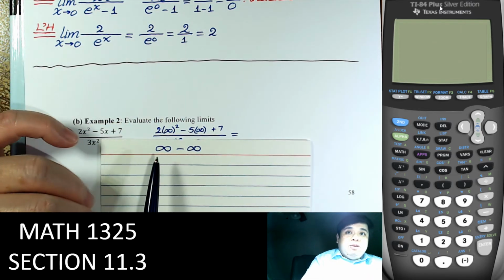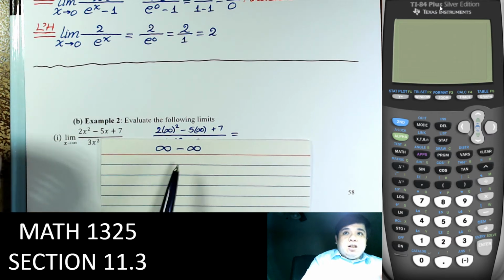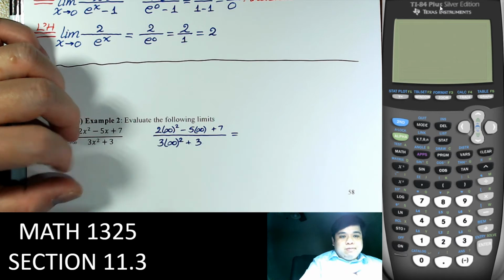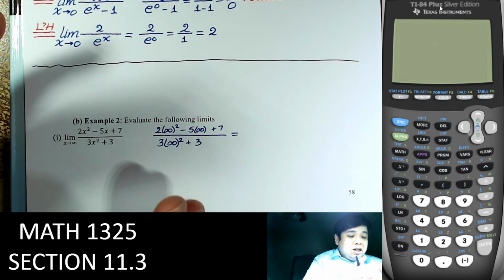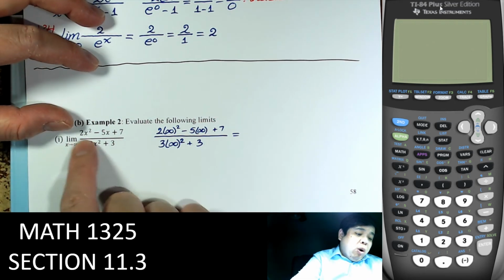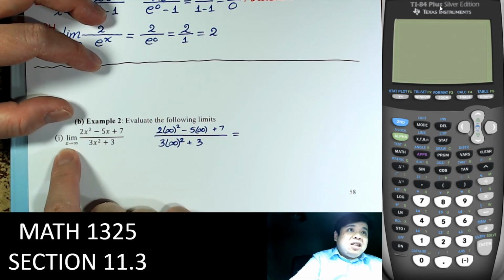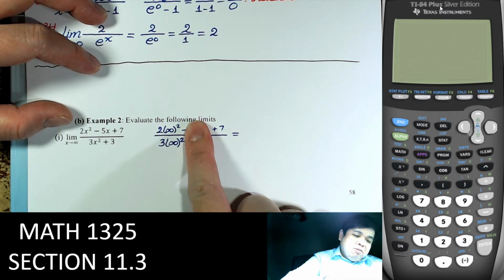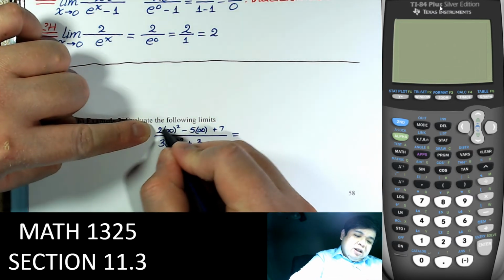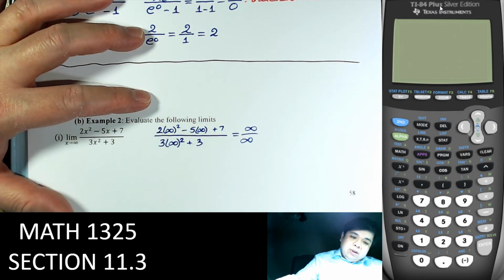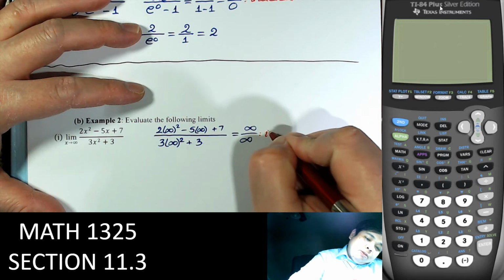In fact, infinity minus infinity is a form of indeterminate as well. But in this case it's not, because we did mention way back in the first few sections that when we have a polynomial like this, as x goes to infinity, only the highest term matters. So it doesn't matter the rest. So we have this and that, which is infinity over infinity. So indeterminate form.